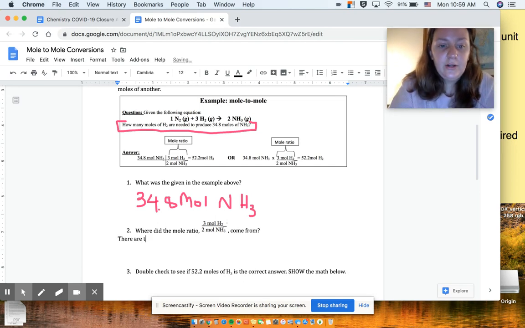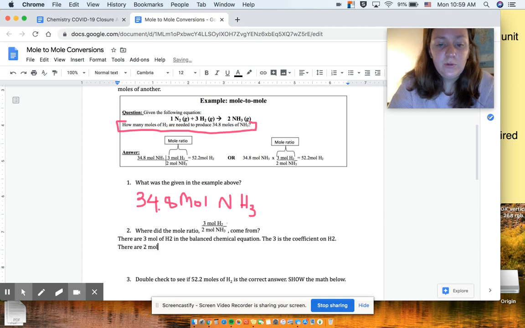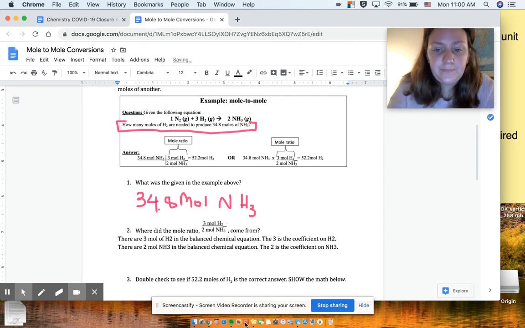So there are 3 mole of H2 in the balanced chemical equation. The 3 is the coefficient on H2. I'm kind of being wordy here, but you can definitely write this in your own words. There are 2 mole of NH3 in the balanced chemical equation. The 2 is the coefficient on NH3.